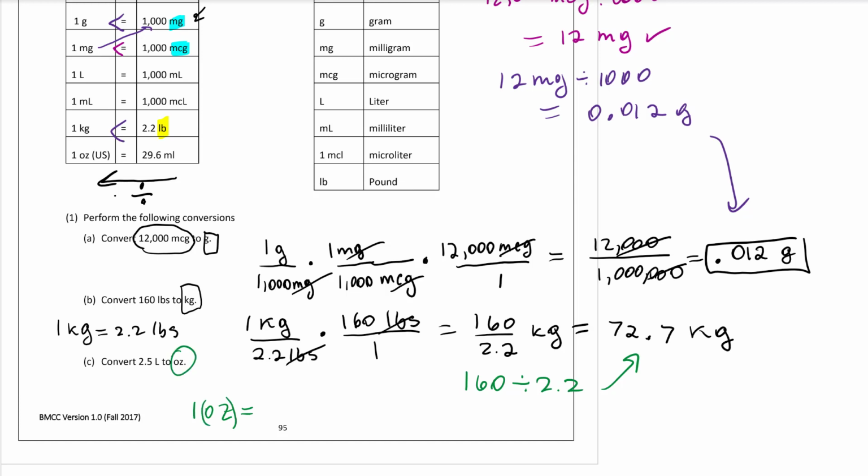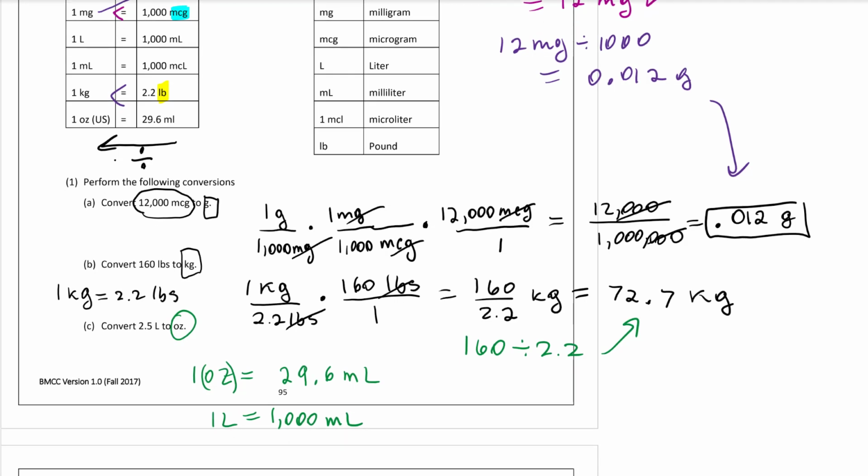That's what we want. 1 ounce equals 29.6 milliliters. All right, and because we need liters, we also know that 1 liter is 1,000 milliliters.